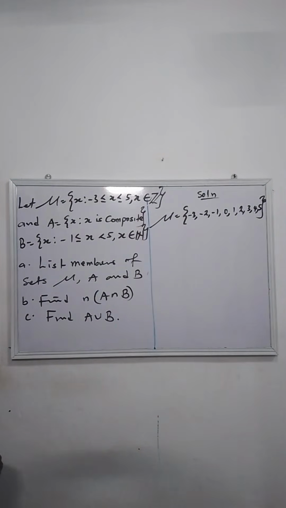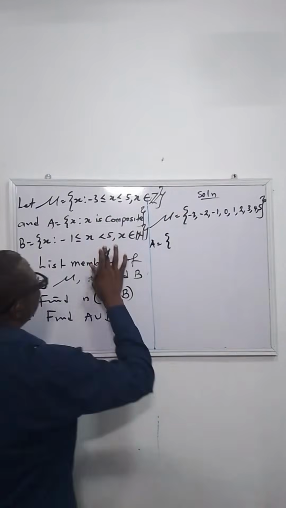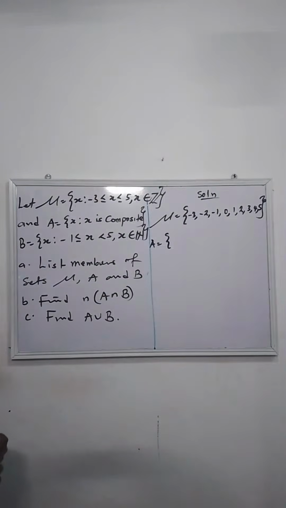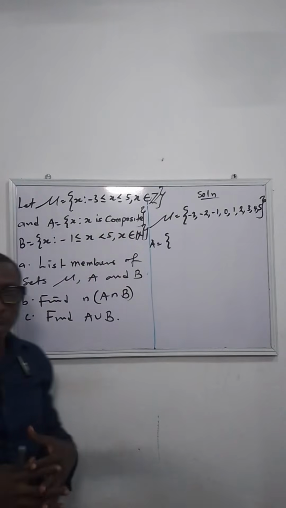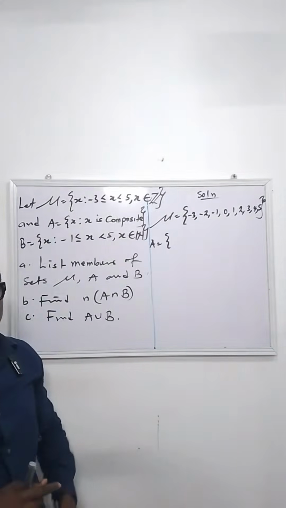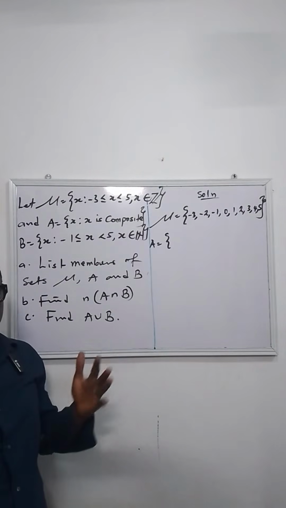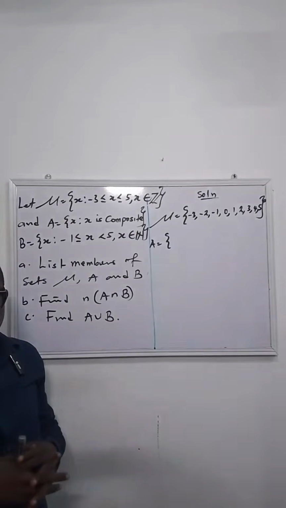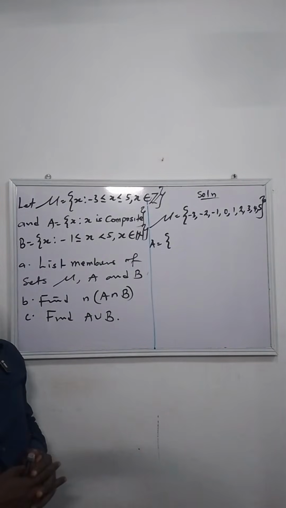Let's look at the second set, set A. Set A is the set of composites. What are composite numbers? Composite numbers are natural numbers that have more than two distinct divisors.